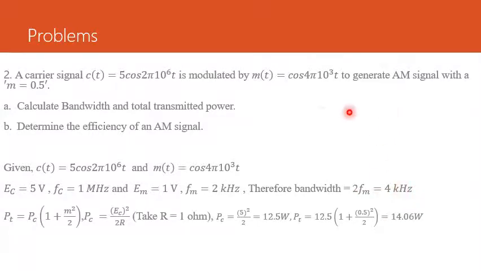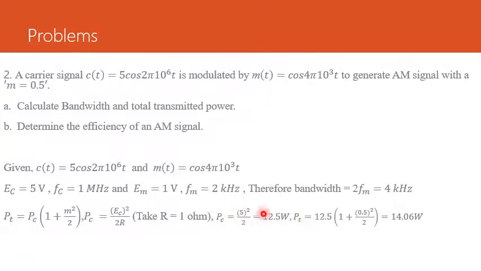Then you want to find the total transmitted power. PT is equal to carrier power into 1 plus m square by 2, where PC is equal to EC square divided by 2R. In this question R is not given, so you can assume R as 1 ohm, your load resistance. So carrier power is equal to 5 square divided by 2, which is 12.5 watts.